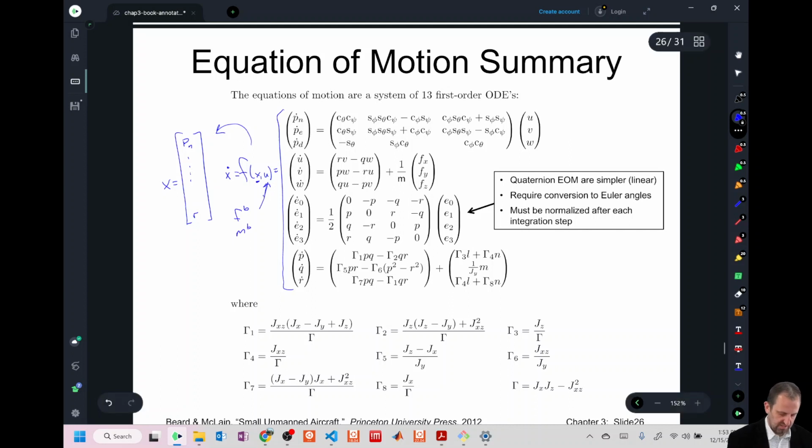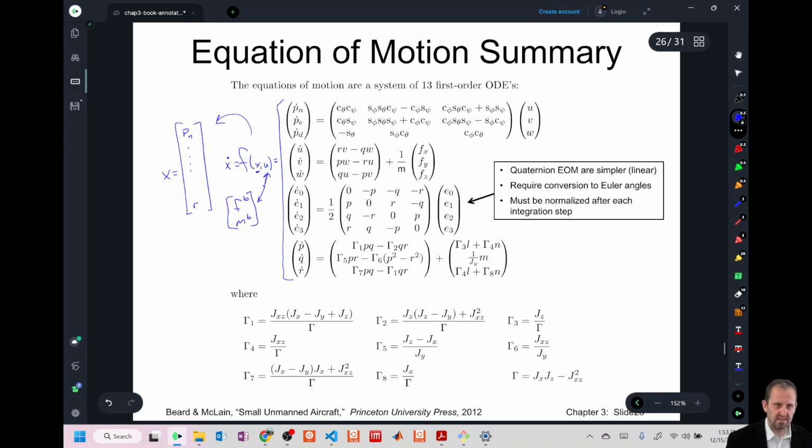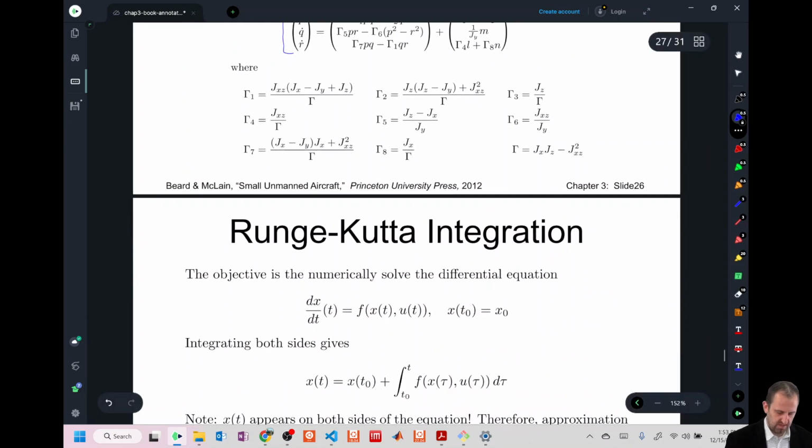So these together form our input u. We can see over here on the right side that we do have this function, and we can definitely see dependence on both our states and those forces and moments. Okay, so how do we use that to simulate forward in time?